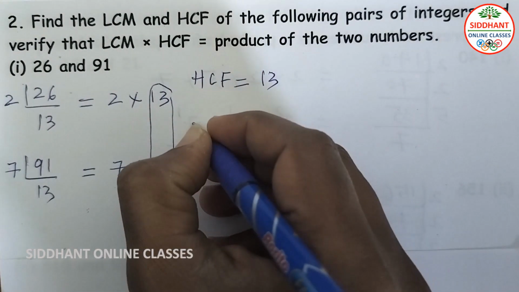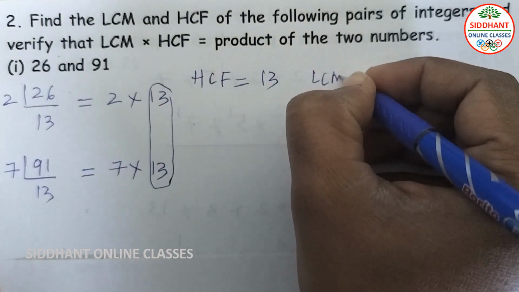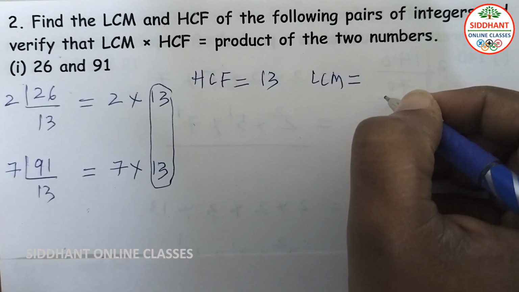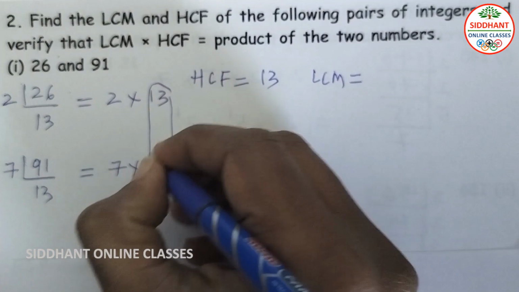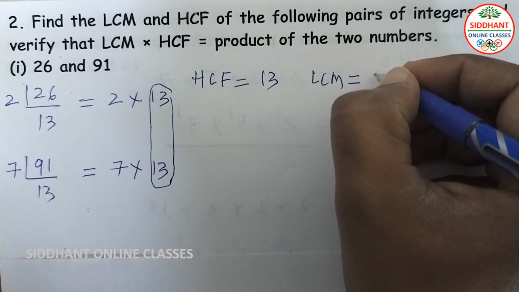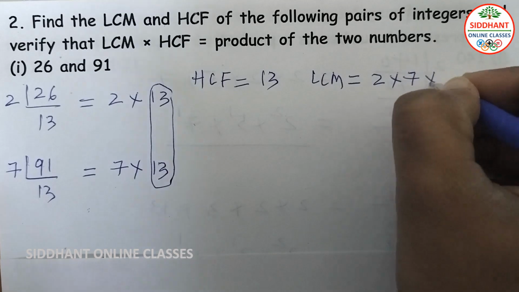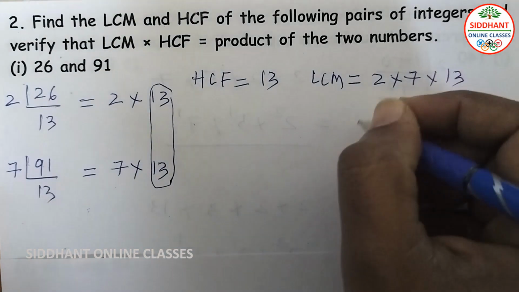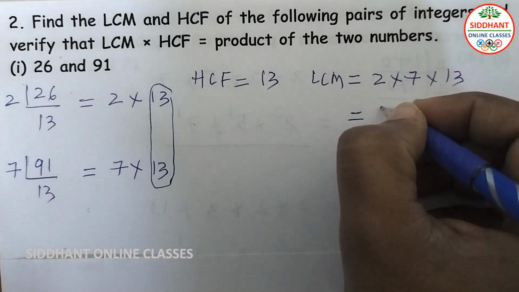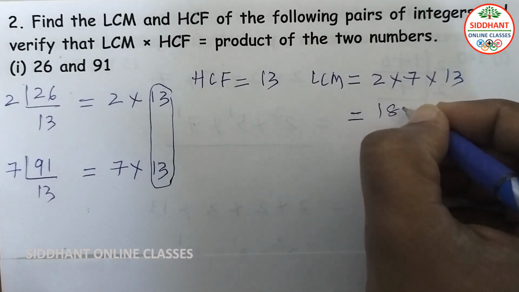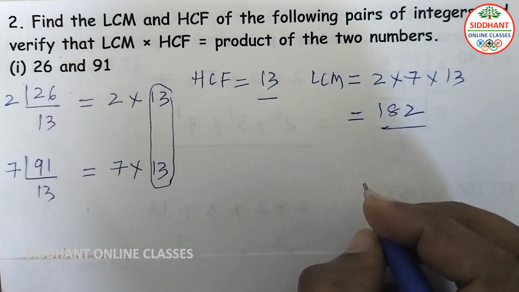The LCM is the product of the greatest power of each factor, that means 2 into 7 into 13. When we multiply, we get 182. So this is the LCM and this is the HCF.